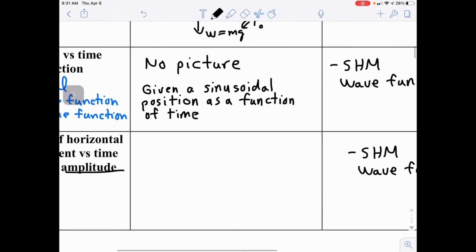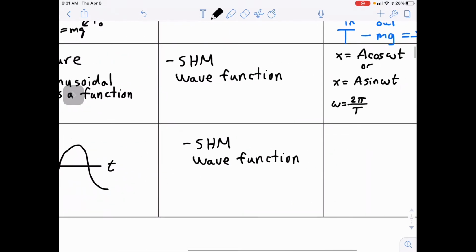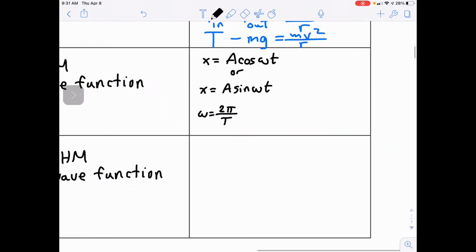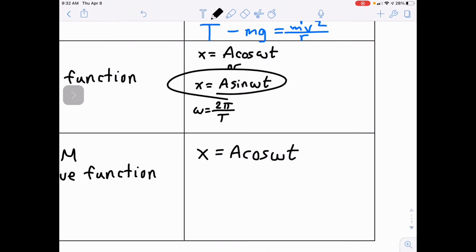But we'd be given a sinusoidal function. Most often, the function is going to be a cosine function. So I'm going to write that down. However, every once in a while, you are given the position function as a sine function. Again, you need to know that omega is equal to 2 pi divided by the period.